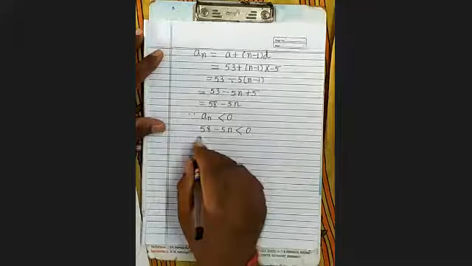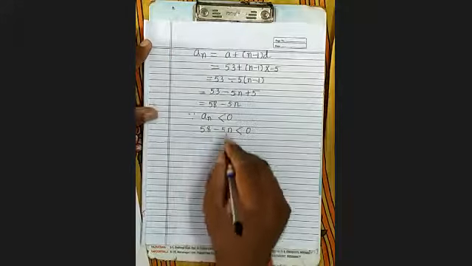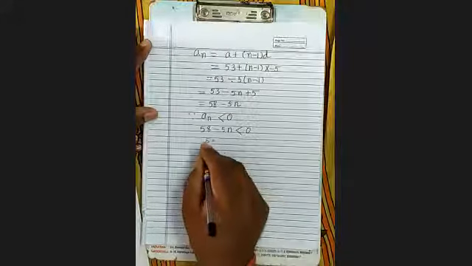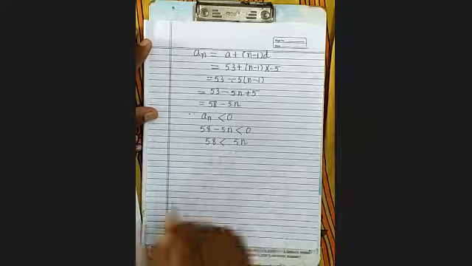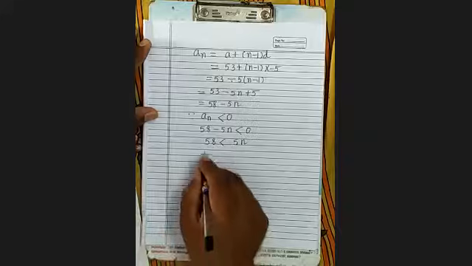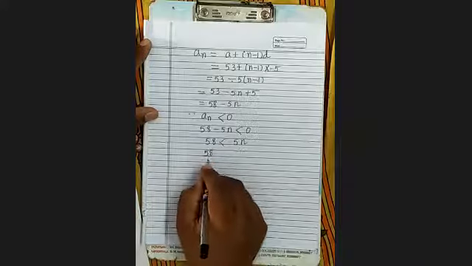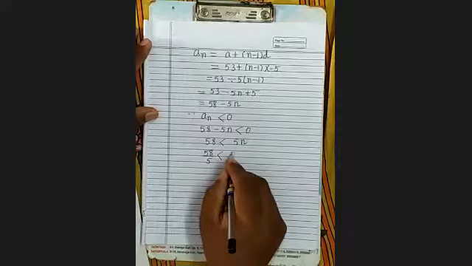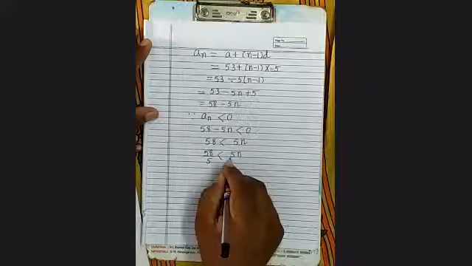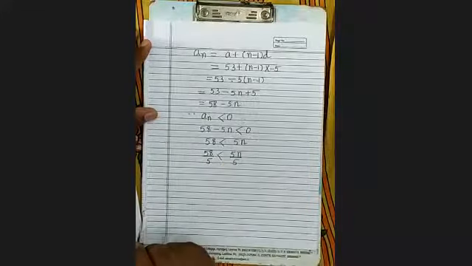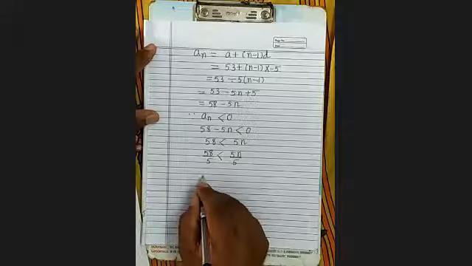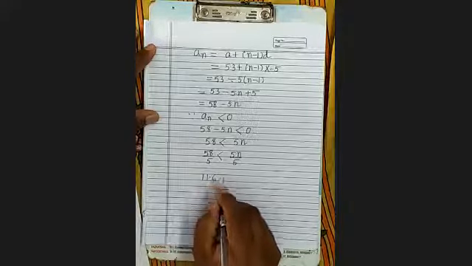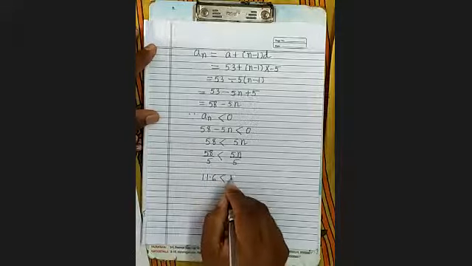Now you solve it like the inequation. So 5n you take to that side. 58 is less than 5n. Now 58 upon 5 will be less than 5n upon 5. Now 58 upon 5 is how much? It is 11.6, which is less than n.